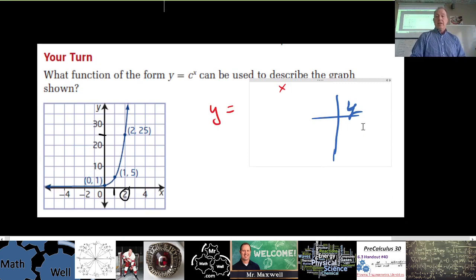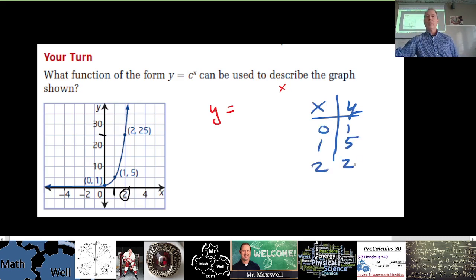All right, here's another one. Now I know that c is going to be greater than 0. The points that I have here are going to be 0, 1. Big surprise. It's going to be 1, 5, and 2, 25. So you should be able to figure out what the connection is between a base and something to the power of 1 is 5, and that same base to the power of 2 is 25. Doesn't get much easier than this.